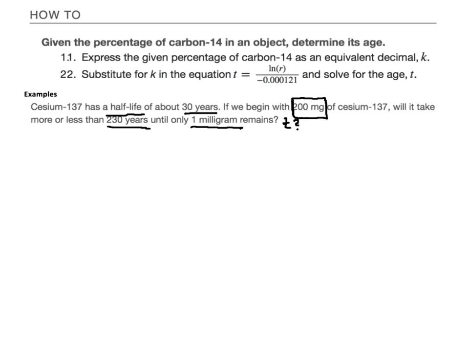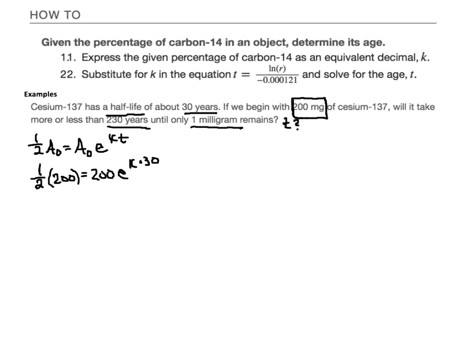So we'll start out with our half-life version of the exponential growth function. 1/2 A sub 0 equals A sub 0 e to the kt. All right, so we know that we start out with 200 milligrams, and that's going to equal 200 e to the k times our half-life time, which is 30.